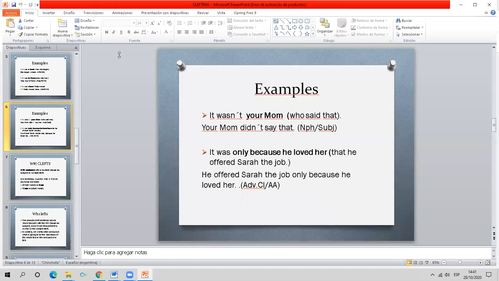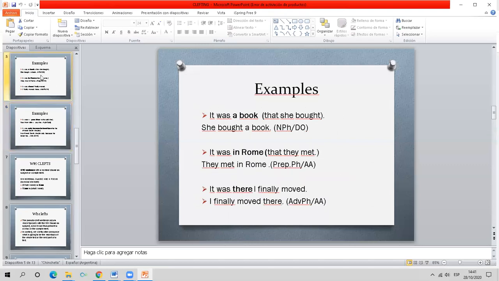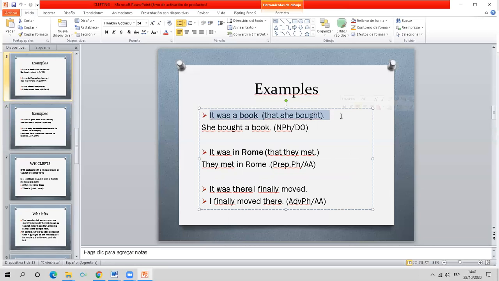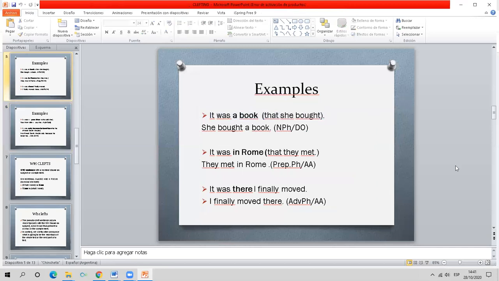Okay, let's go back to the previous example to show you what we mean by a relative-like clause. Forget about what I said before, but imagine you find this. It was a book that she bought. We have been working with relative clauses and complex noun phrases.